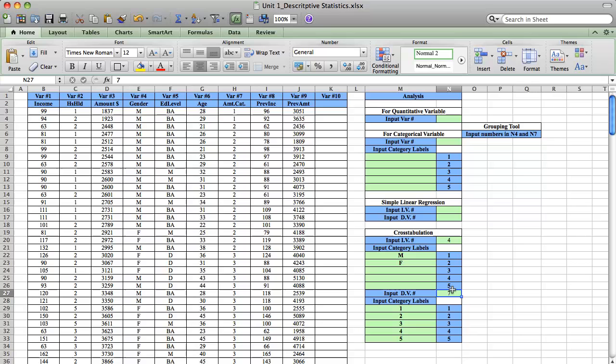Recall that spending Category 1 is in the 1,000s, 2 in the 2,000s, and so forth. So we're mainly interested in Categories 4 and 5 because those are the women who spend at least $4,000.